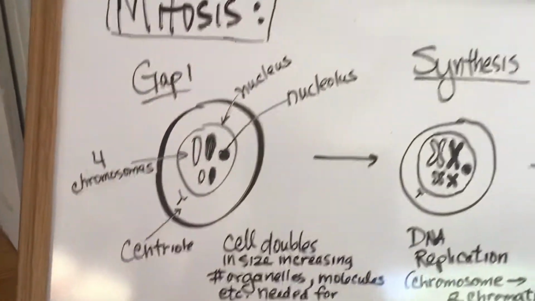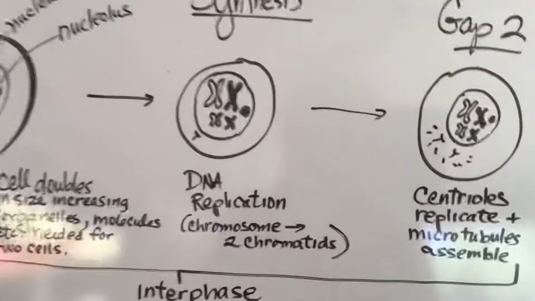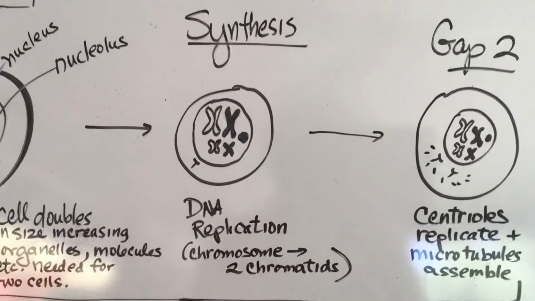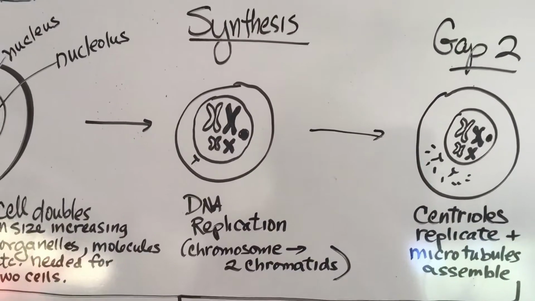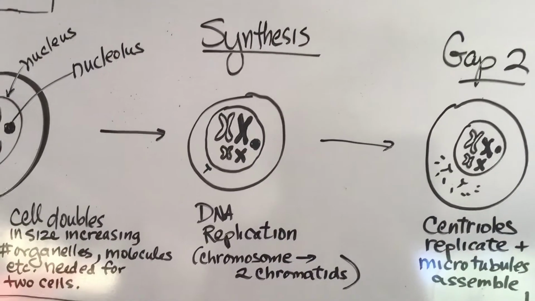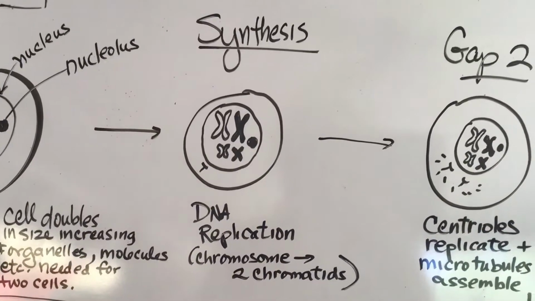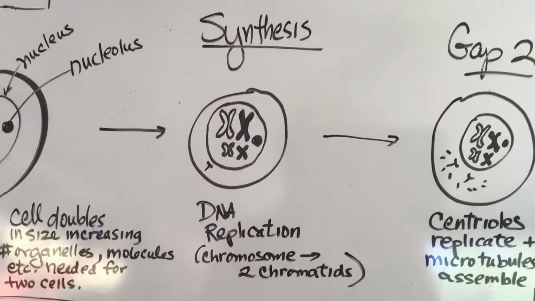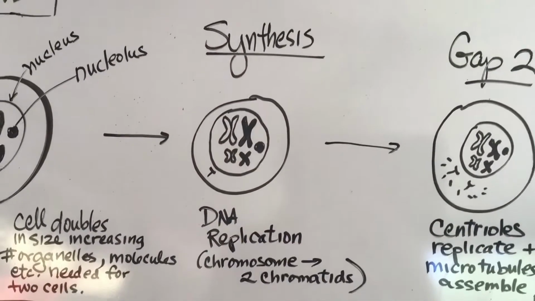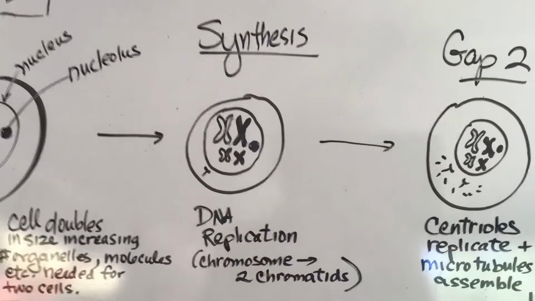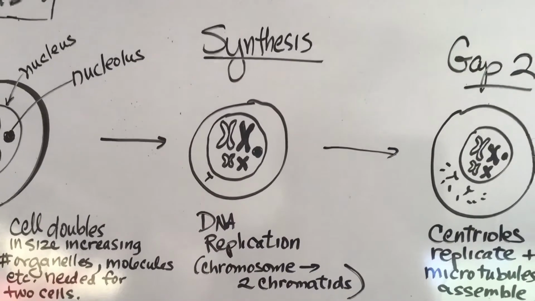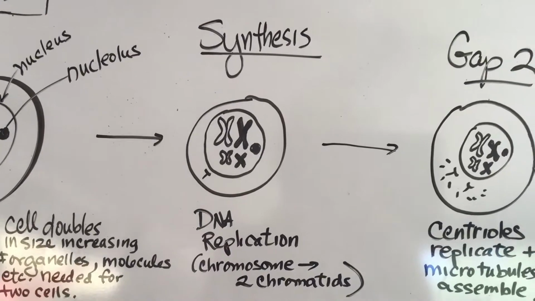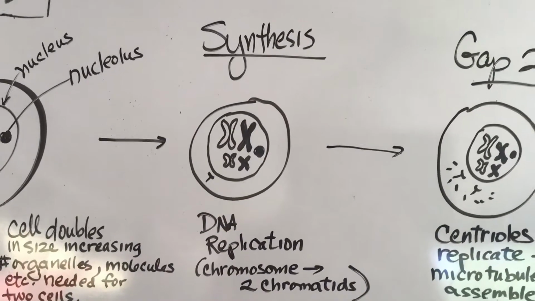All right, so then the next phase is called synthesis. In synthesis, what happens is the DNA is replicated. So this is just like we talked about before, or the last unit, where DNA replication is occurring, and it's creating 2 chromosomes, or 2 chromatids that are exactly alike.